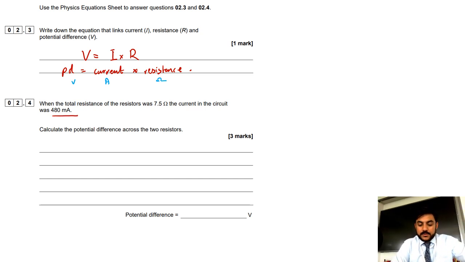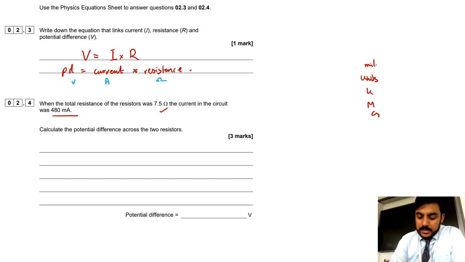Calculate the potential difference across the two resistors. Now the resistance is in the correct units, but the current happens to be in milliamps. Let's go back to the conversion. Units, and if it gets bigger it becomes kilo or mega or giga, but as it gets smaller it's milli, and then micro, nano.